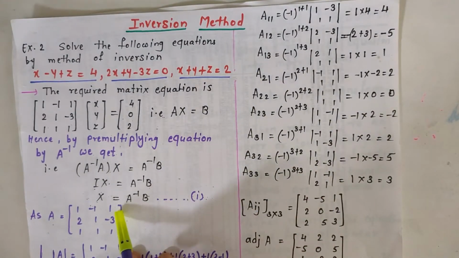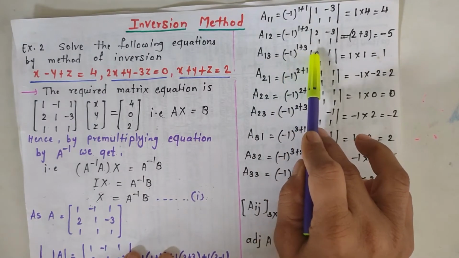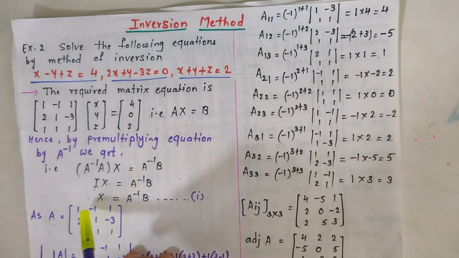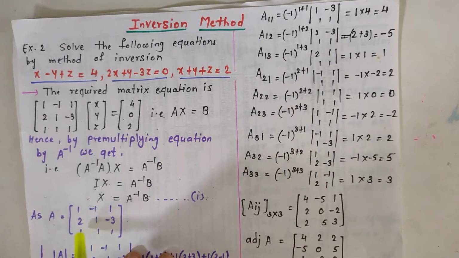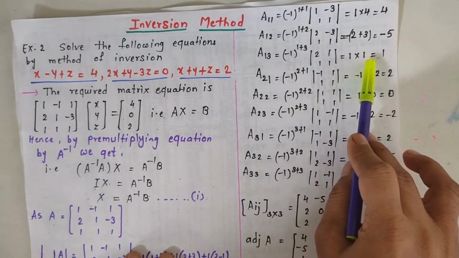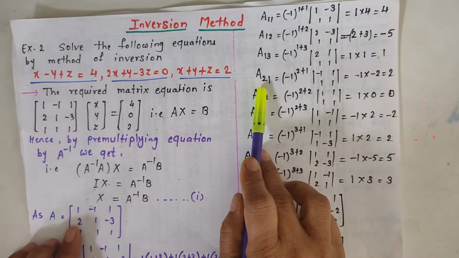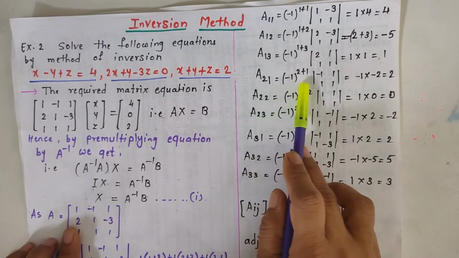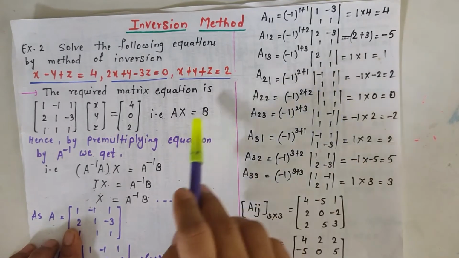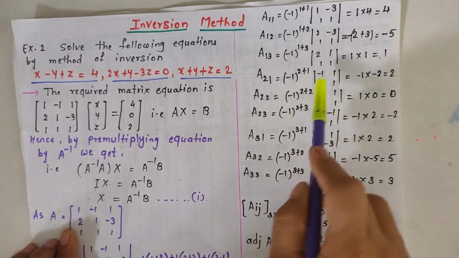Next element is 1 and its cofactor A13 is equal to minus 1 raised to 1 plus 3 into its minor by eliminating the first row and third column, |2 1; 1 1|. The value of its determinant, 1 into 1, is equal to 1. Now the next element is 2 and its cofactor is A21 is equal to minus 1 raised to 2 plus 1 into its minor by eliminating the second row and first column, |minus 1 1; 1 1|.